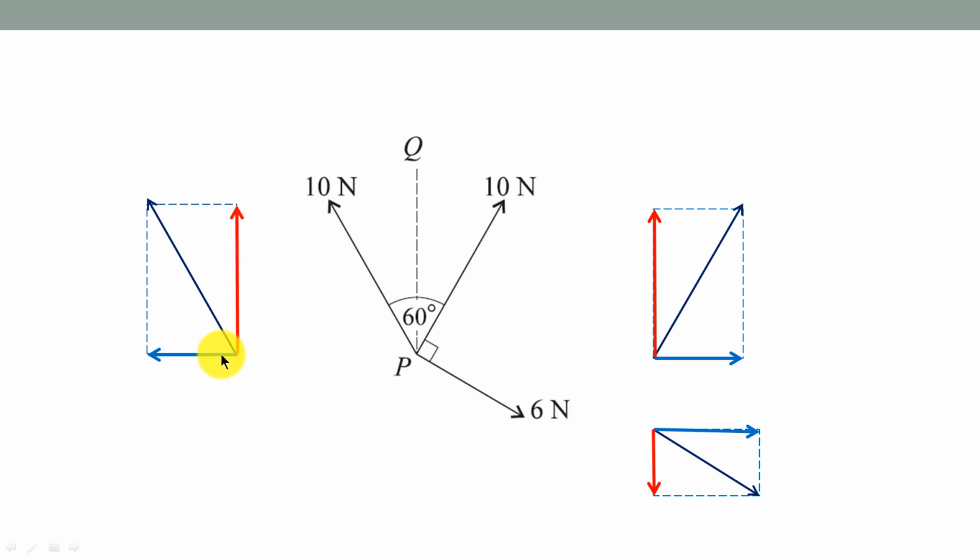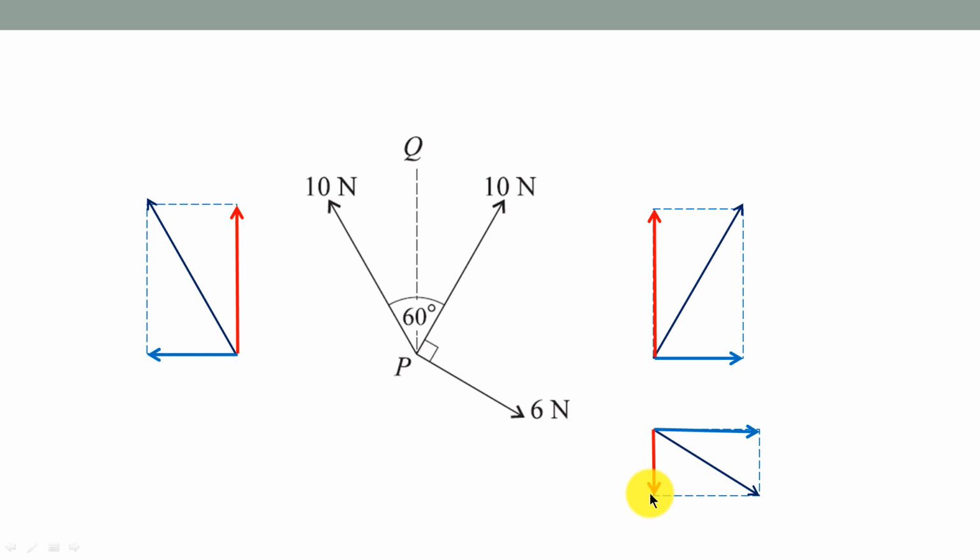By now you should know that when we resolve a force, we always resolve that force in two directions which are perpendicular to each other. For example, this force will be resolved vertically upwards and horizontally to the left. This 10 Newton force will be resolved vertically upwards and horizontally to the right, while the 6 Newton force will be resolved horizontally to the right and vertically downwards.